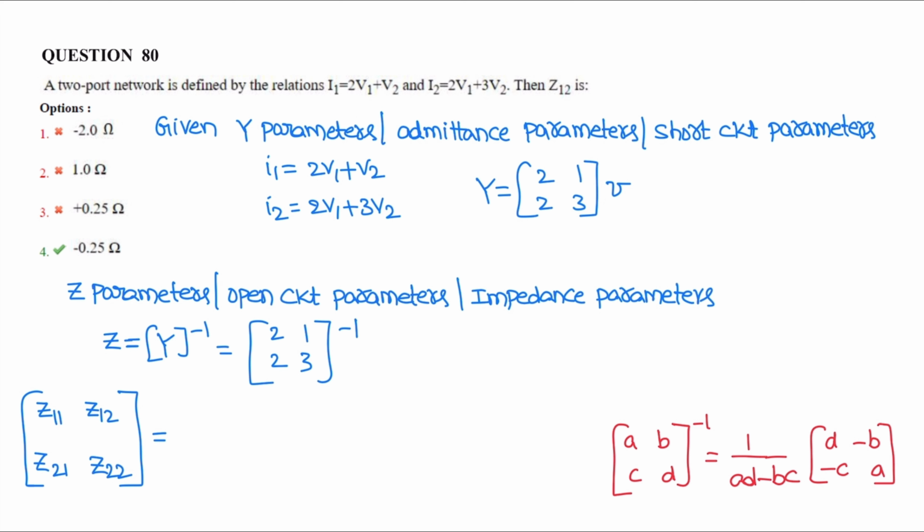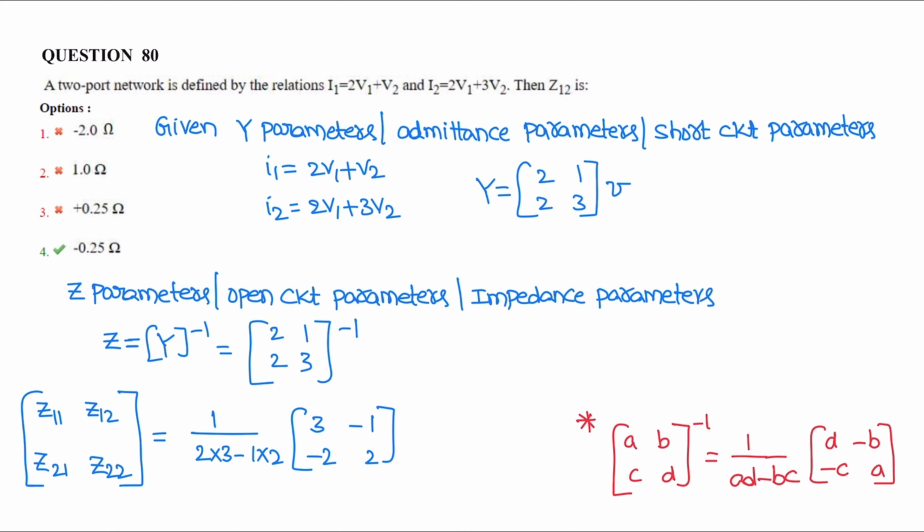To find the inverse of a 2 by 2 matrix A B C D, the inverse is 1 by AD minus BC, times D, minus B, minus C, A. So apply the same matrix inversion here: 1 by AD minus BC, 2 into 3 minus 1 into 2, and then D, minus B, minus C, A.